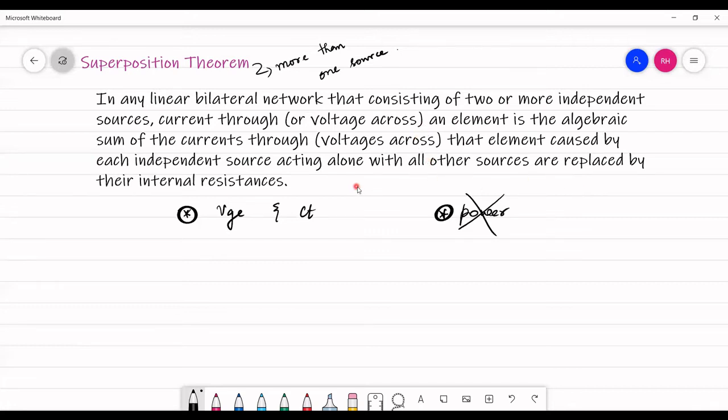So first, let us once again go through the statement. So first, we are going to consider a linear bilateral network which is going to consist of more than one source, two or more independent sources, and the current through an element is the algebraic sum of currents through that element caused by each independent source acting alone, with all other sources being replaced by their internal resistance, or considering all other sources to be inactive.